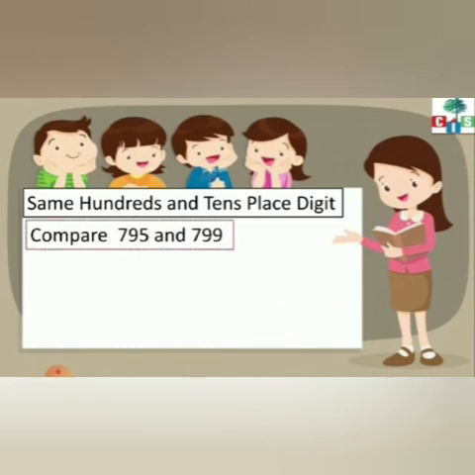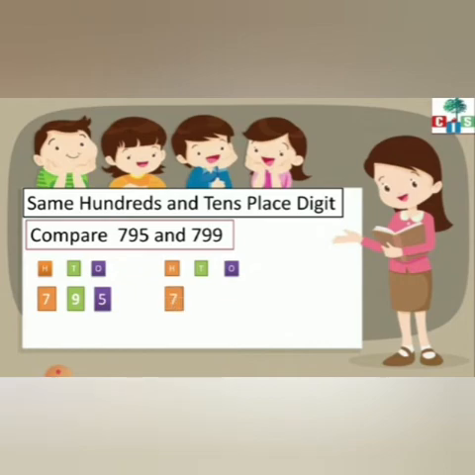Compare 795 and 799. So here it's hundreds, tens, ones. So 7 under hundreds, 9 under tens, 5 under ones. Hundreds, tens, ones: 700, 9 under tens and one more 9 under ones. So let's compare.